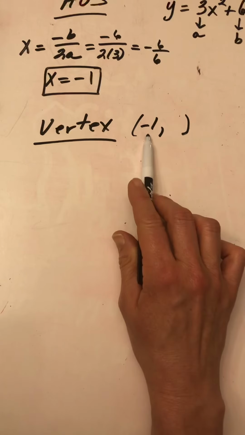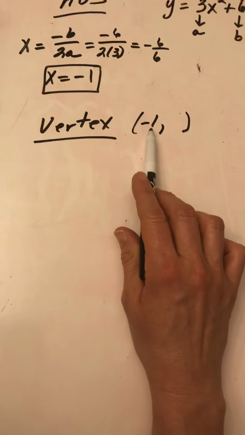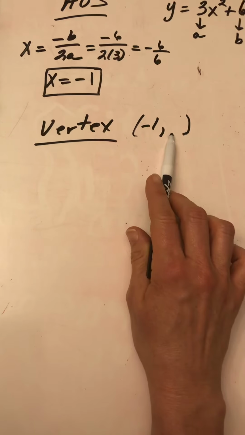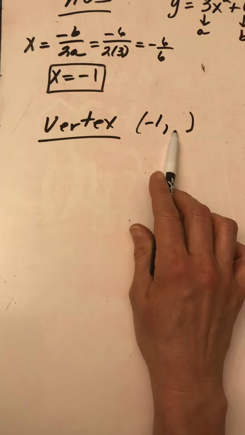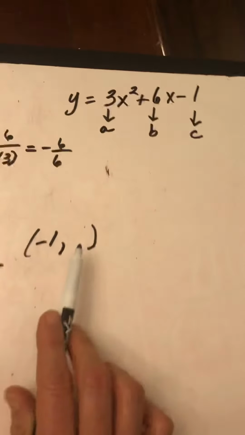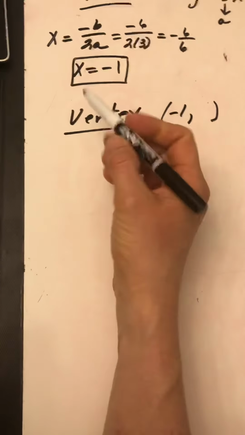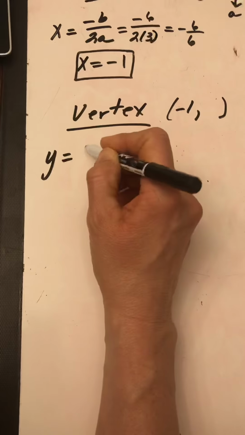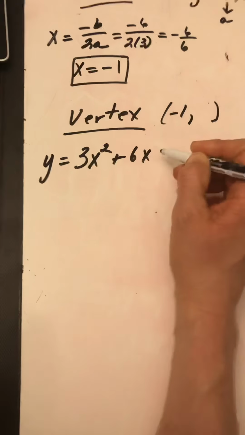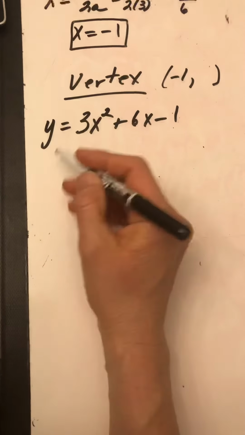Anytime you're evaluating a function or an equation, if you know what x is, in order to find the y that goes with it, all you have to do is plug the x coordinate into the equation. So we're going to take our original, 3x squared plus 6x minus 1, and substitute negative 1 for all those x's.